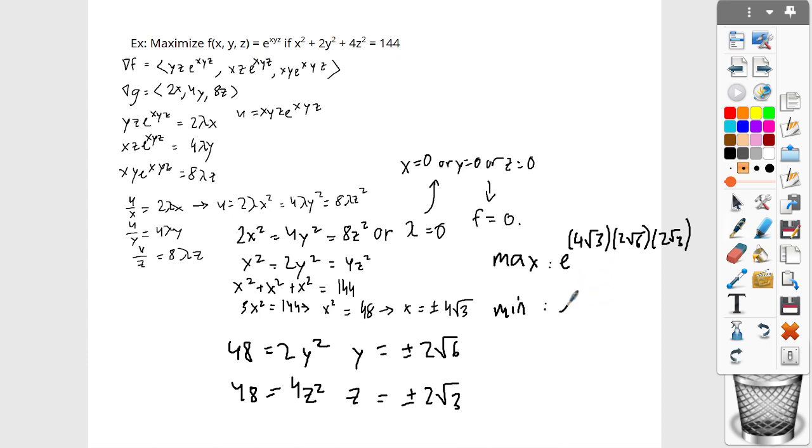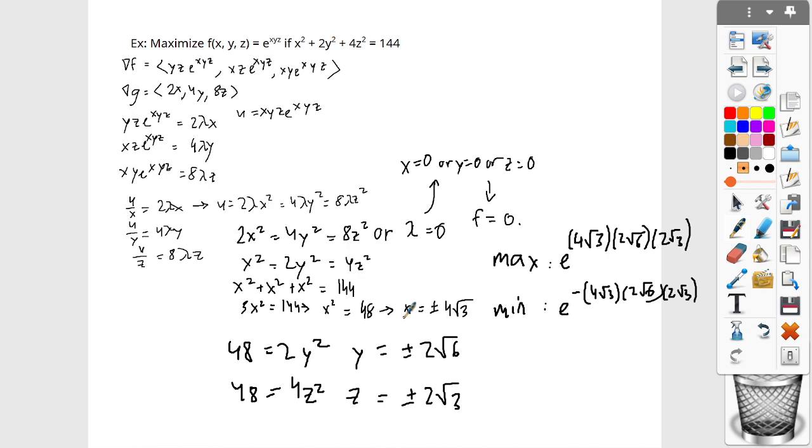I'm so stupid. It's the same thing, but negative right here. So negative 4 root 3, 2 root 6, 2 root 3. Why? Because if we had a coordinate with 3 positives, that's the highest that you can hope for. You can also have a coordinate with 2 negatives and 1 positive, and it would evaluate to the same thing as well. It's not going to get any higher than that.